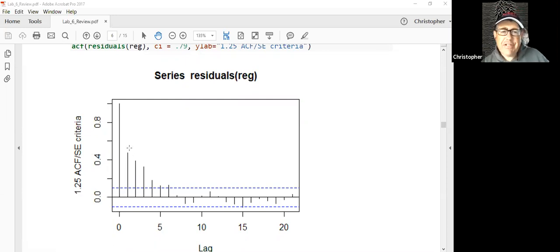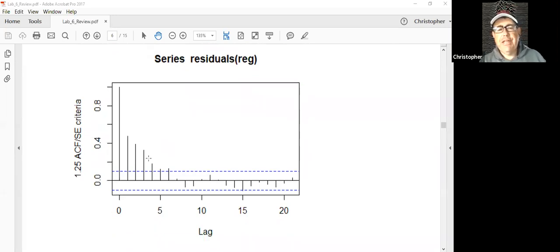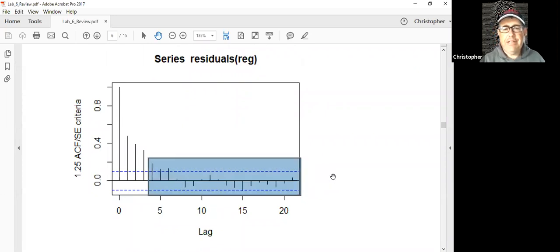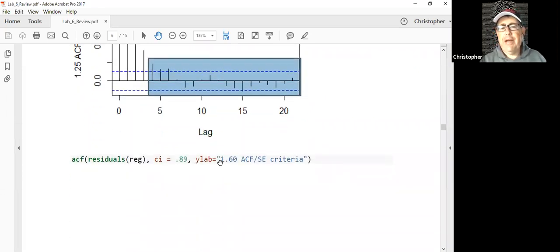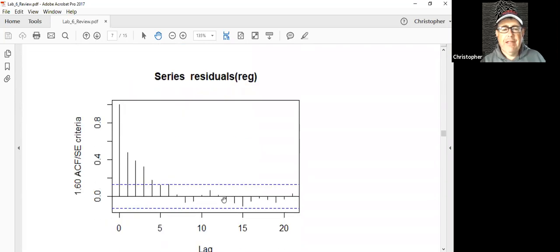Then we can see for the next 3 values, this one, and this one, that those are all well above those dashed lines, suggesting, yeah, we've got some problems with autocorrelations, at least on the first 3 autocorrelations. There's some subsequent problems down the line using this criterion, but these down here aren't subject to that 1.25 criterion. Here we use a 1.6 criterion that corresponds to a confidence interval of about 89%.